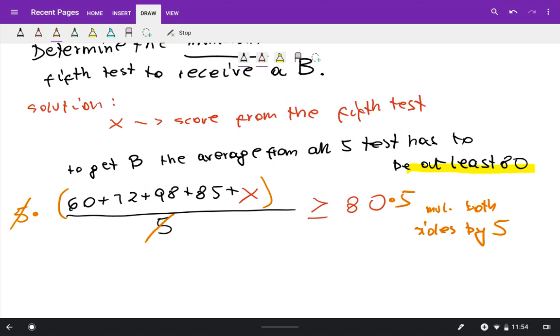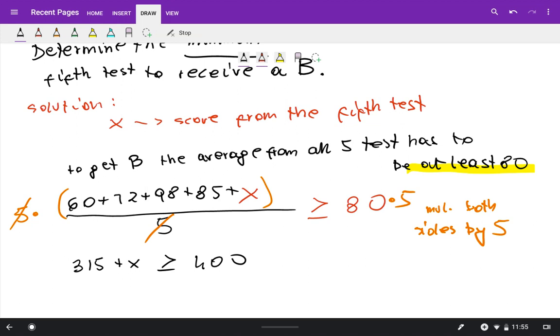So this one cancels. And if you add all those numbers together, 60 plus 72 plus 98 plus 85, we're getting 315 plus X is greater than or equal to 400.